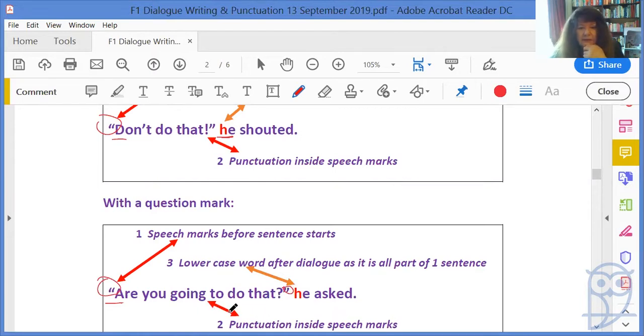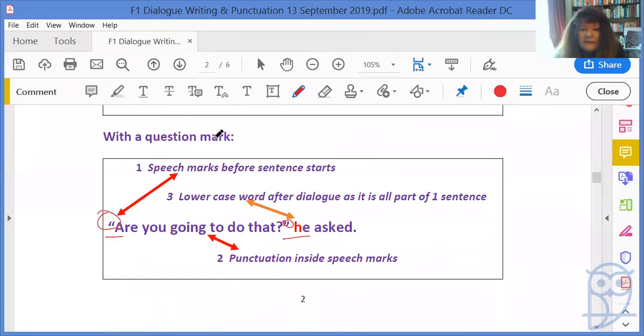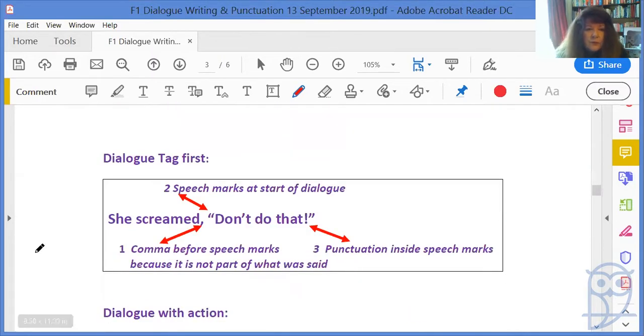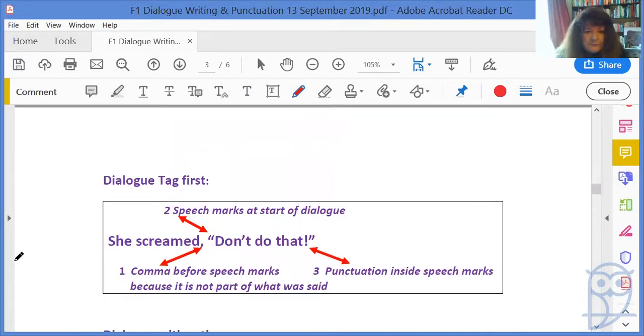And thirdly, again, lowercase, as it's all part of the same sentence. "Are you going to do that?" he asked. So it's a question mark this time, not an exclamation mark, but again, it's inside the speech marks. Always inside.